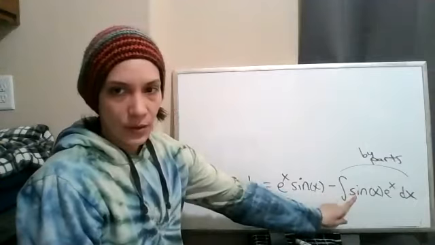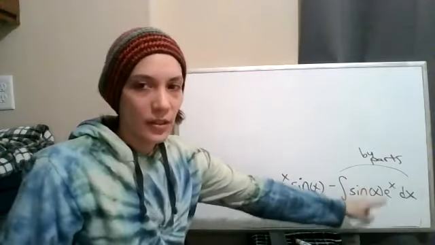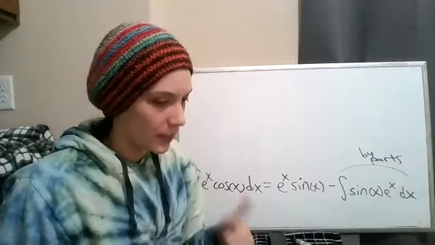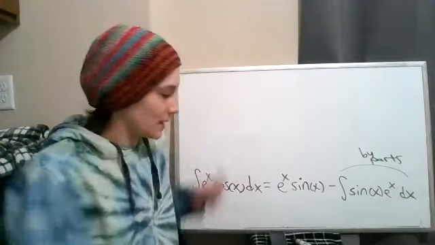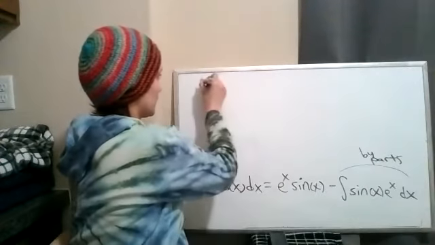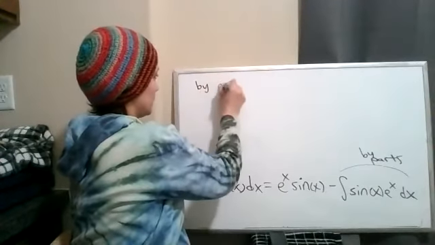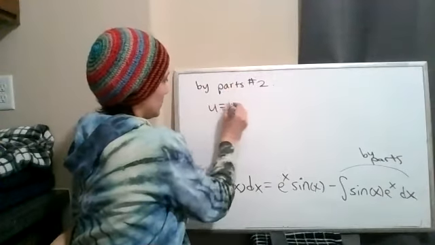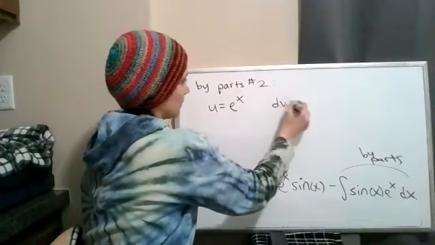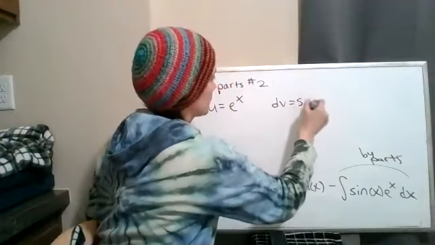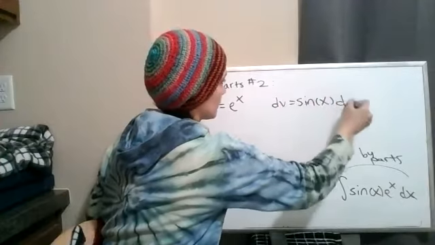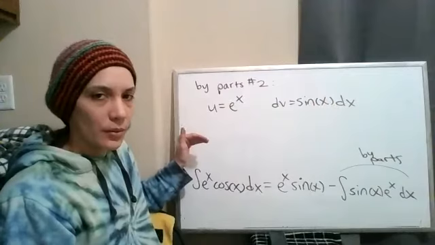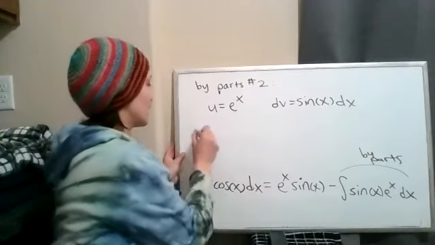So for that integral, we will let u equal e to the x. dv is sine of x dx. So the derivative will give you du equal to e to the x dx.